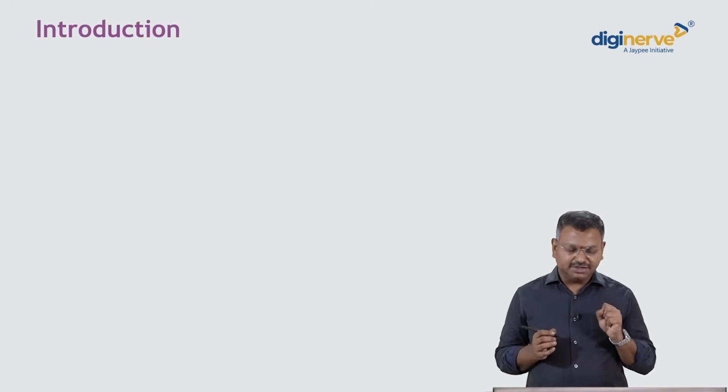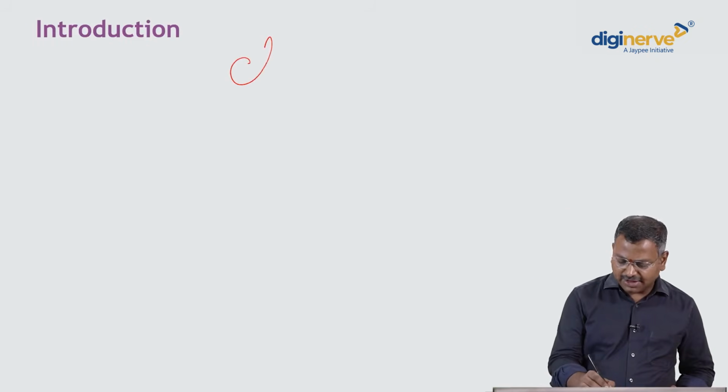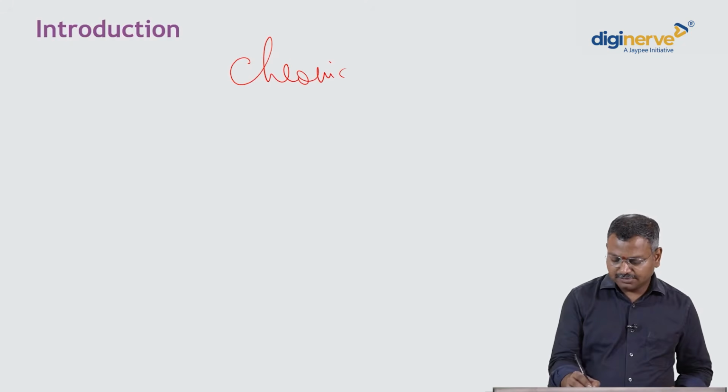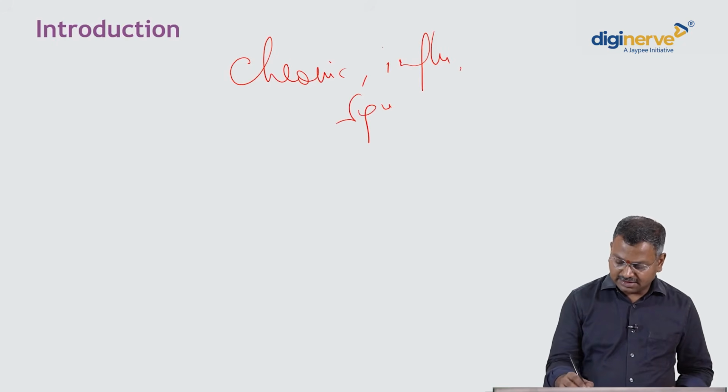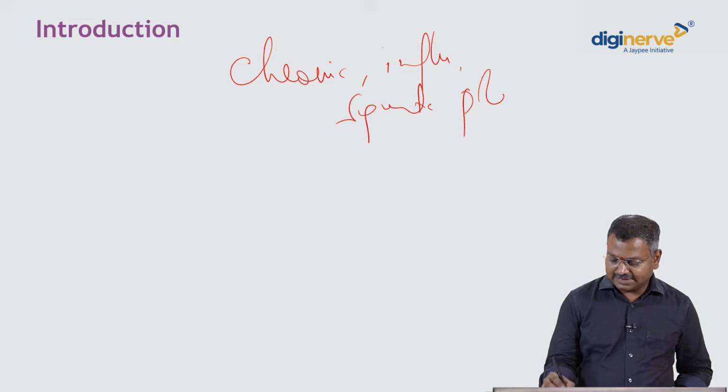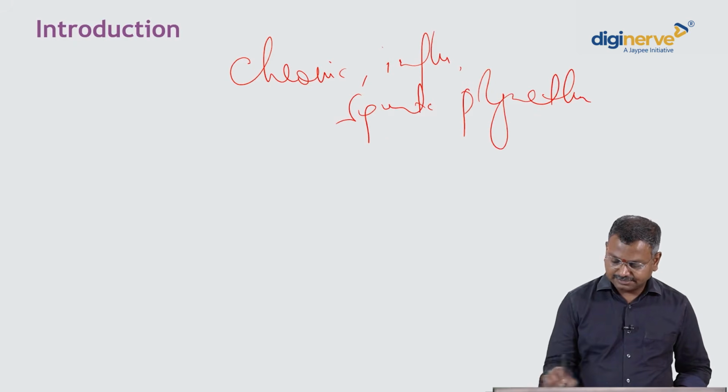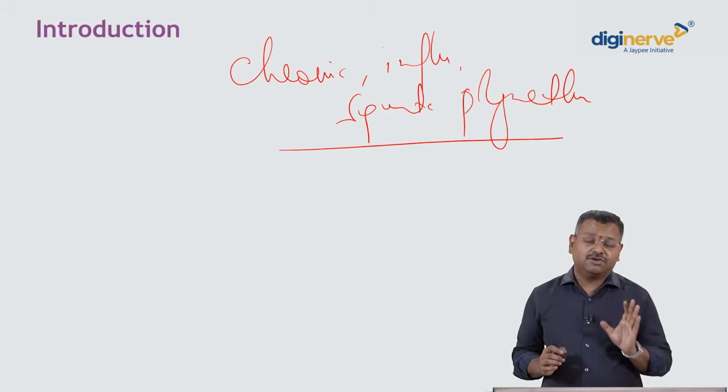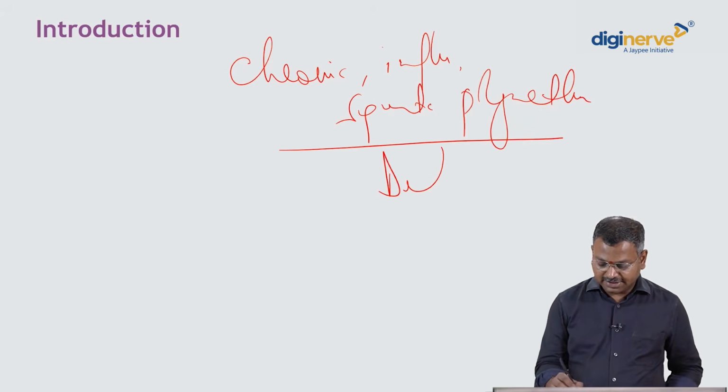So, by definition, rheumatoid arthritis is a chronic, inflammatory, symmetrical polyarthritis with deformities. Very importantly, if not treated early, they do have permanent deformity.